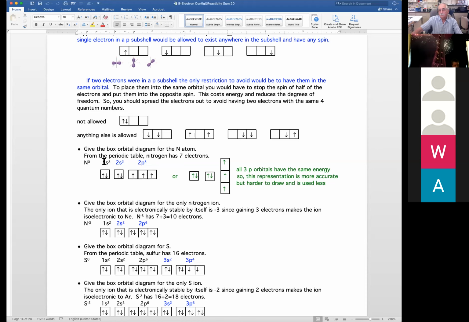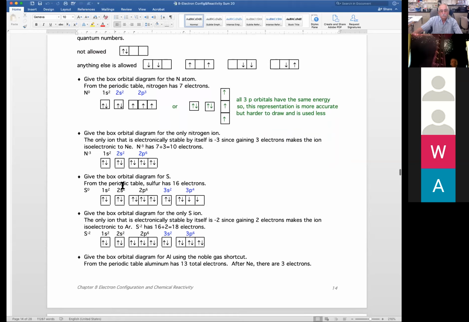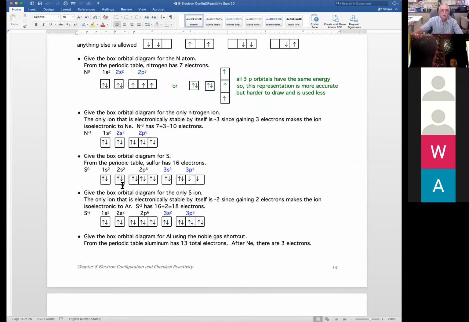So how does this translate into doing electron configurations? Give the box orbital diagram for the nitrogen atom. 5 valence electrons, right? So here's the first thing I do. I just get the valence electron configuration. Then after I do that, I say, oh, here's an s with only 1 orbital, 2 electrons in it with opposite spins.